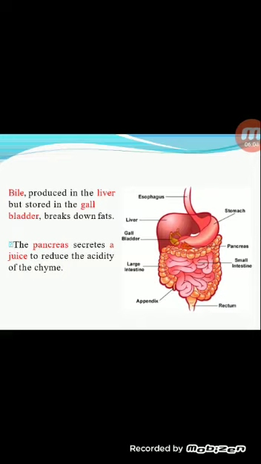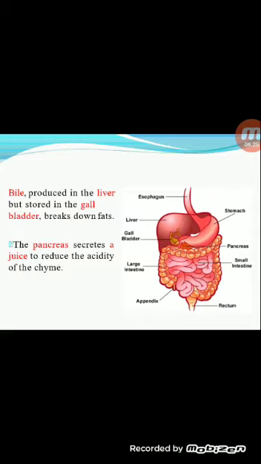You people will be eating fat items daily. Could you please tell me? Yes, cheese, butter, paneer, meat. Those are all fat items, right, children? Deep fried items. Those are all fat items, right? So, fat items take many days to digest in our stomach.